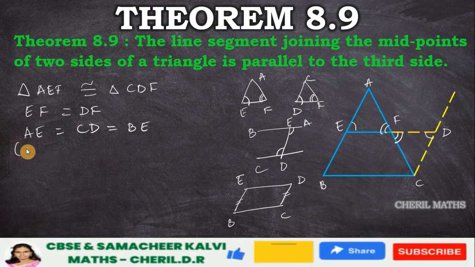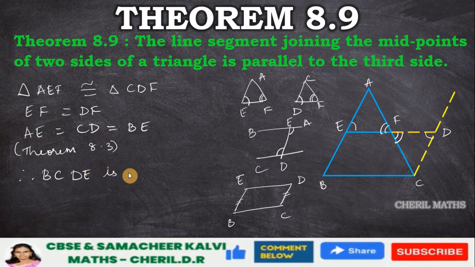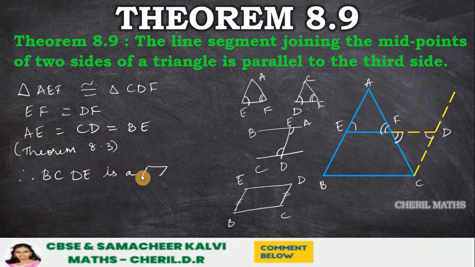This you can see in your theorem 8.3. If each pair of opposite sides in a quadrilateral are equal, then it is a parallelogram. So therefore, we can say that BCDE is a parallelogram.